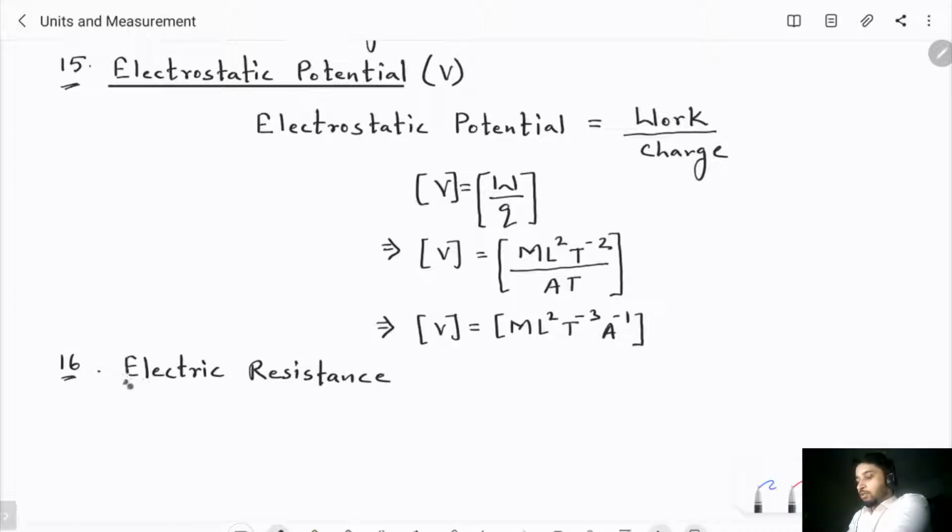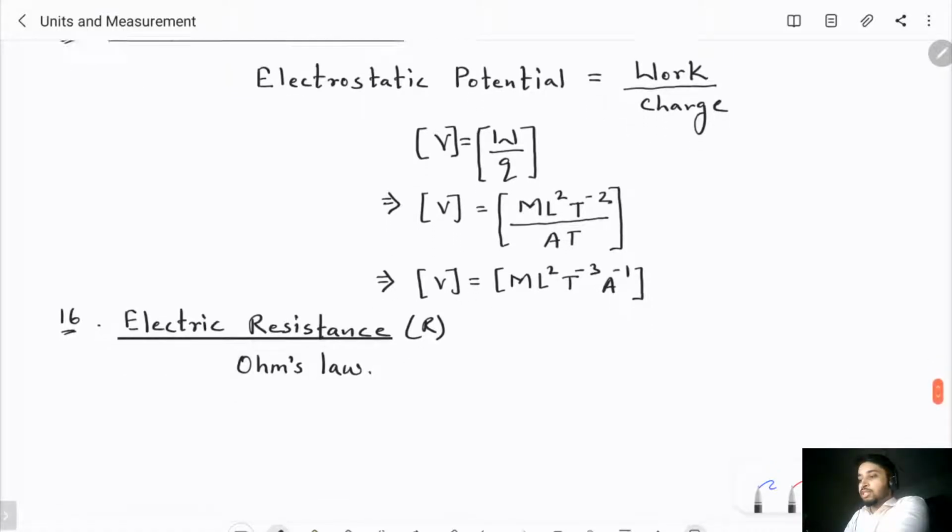So whenever you need to find a dimensional formula for any physical quantity, then you think of, if you know the formula for the particular physical quantity directly, you can use the formula, or otherwise think that in which formula this particular physical quantity comes, and from there you can get an expression and you can write the dimensional formula. Yes or no? So in 10th standard you must have studied Ohm's law.